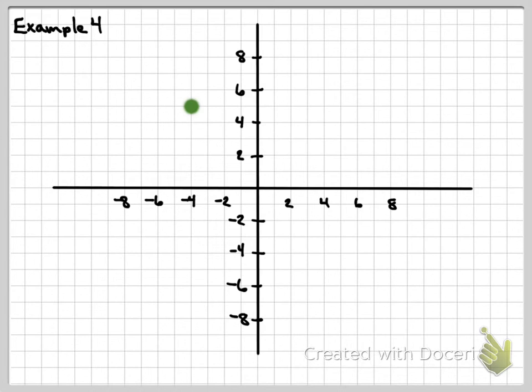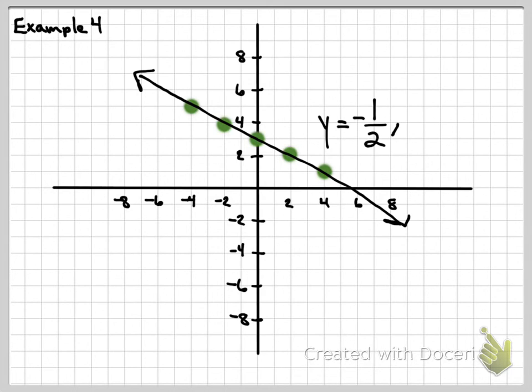Negative 2, 4. What's my next one? 0, 3. What's my next one? 2, 2. What's my next one? 4, 1. And looky there, it's a straight line. Draw my line straight through. And then what's the last thing I do? Write my equation, y equals negative 1/2 x plus 3, and I'm done.